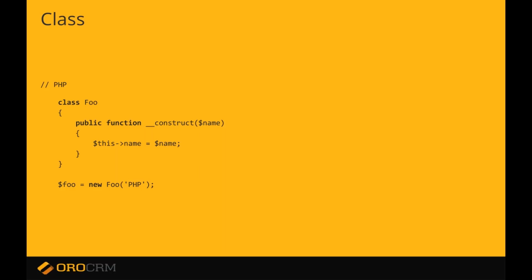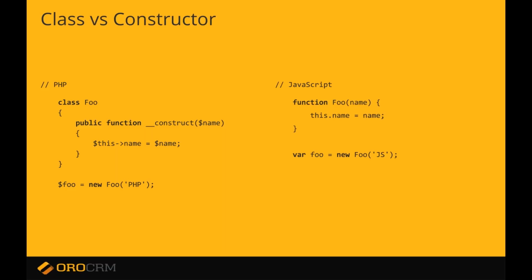And to get an instance, we have to execute the new operator, and we will get an instance of the class. In JavaScript, it's pretty similar, but a bit different. So we also have to create a constructor function in JavaScript, that is version 5, in difference from ECMAScript 6. The next version does not have it.